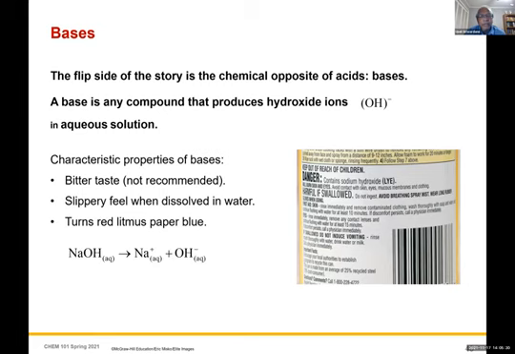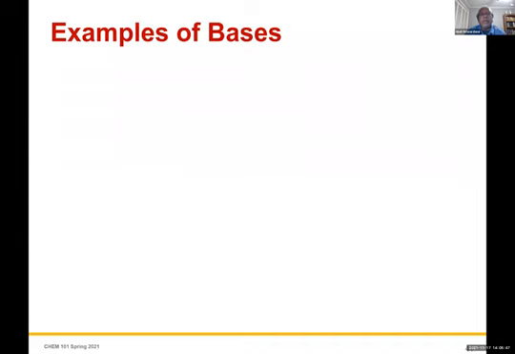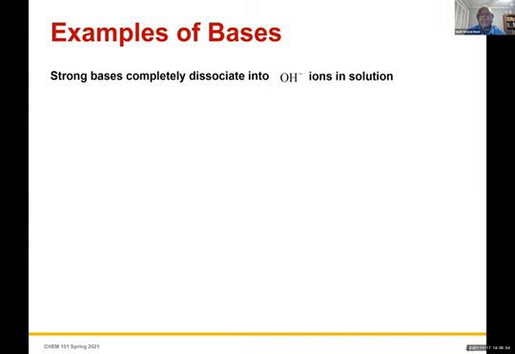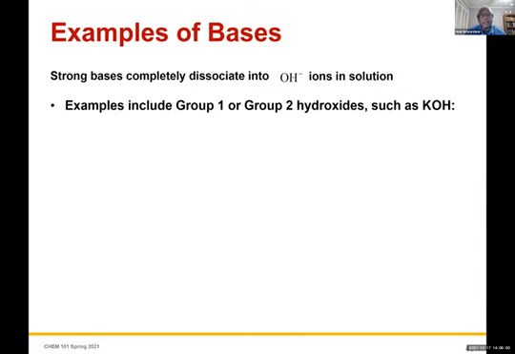Sodium hydroxide, when dissolved in water, produces sodium ions and hydroxide ions that separate, just like sodium chloride: hydrated sodium ions and hydroxide ions. Examples of bases: strong bases are those where OH ions are completely dissociated in water.